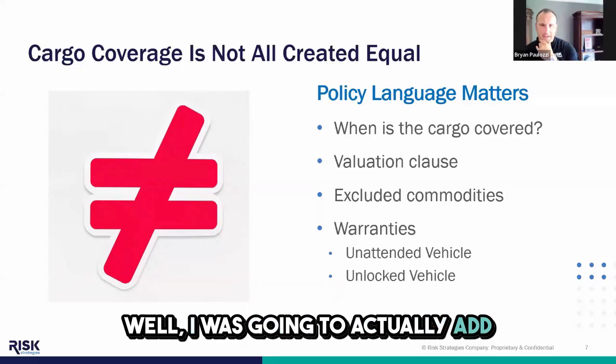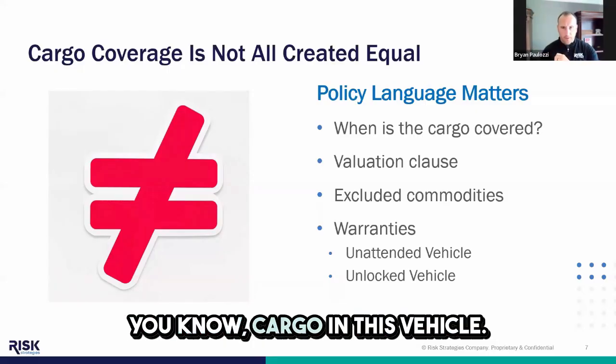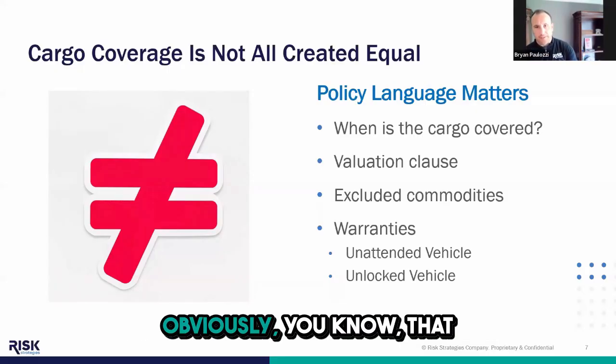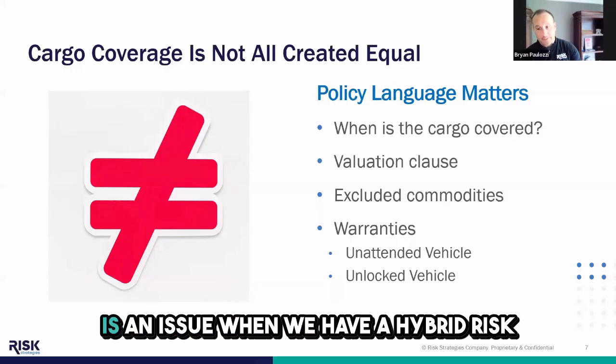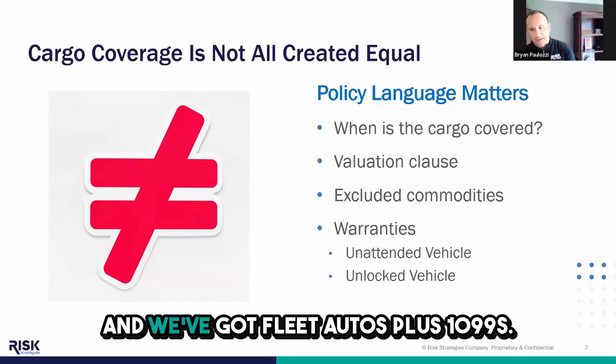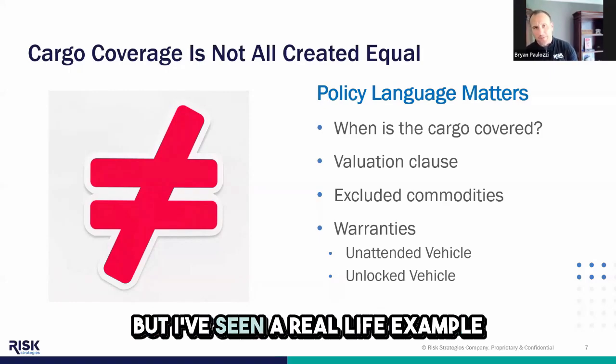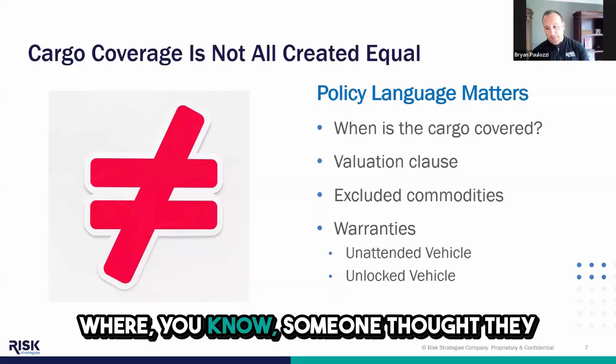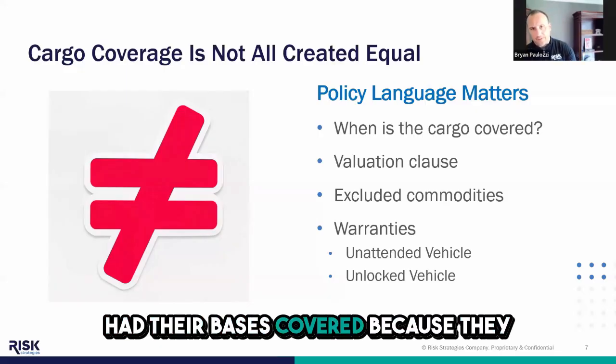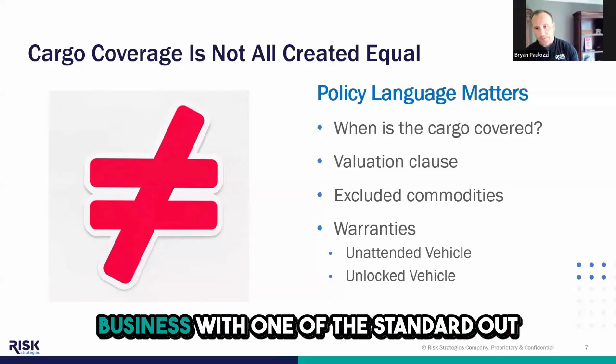Well, I was going to actually add on to your example of the cargo in this vehicle, right? Obviously, that is an issue when we have a hybrid risk and we've got fleet autos plus 1099s. We're securing the cargo in both the fleet auto plus the 1099s. But I've seen a real life example where someone thought they had their bases covered because they were just fleet auto and they did business with one of the standard out of the box insurers.